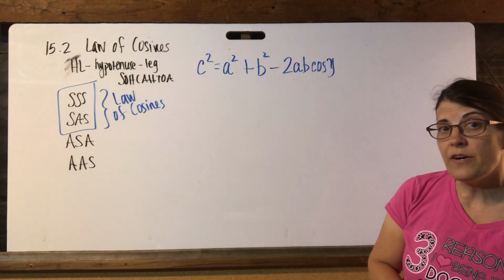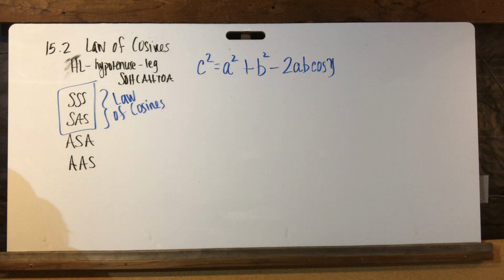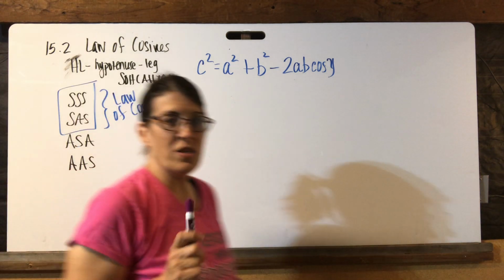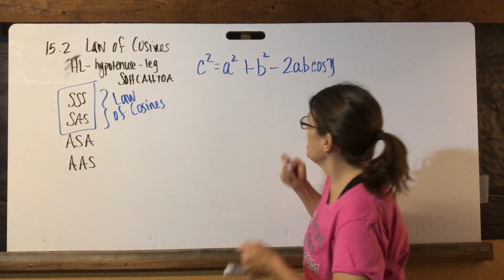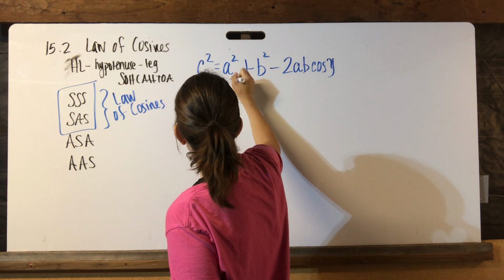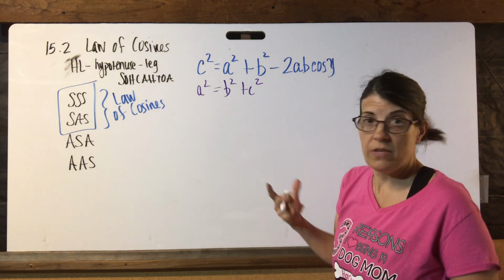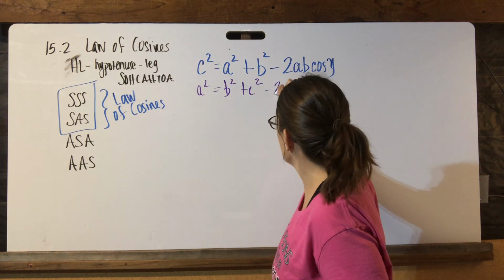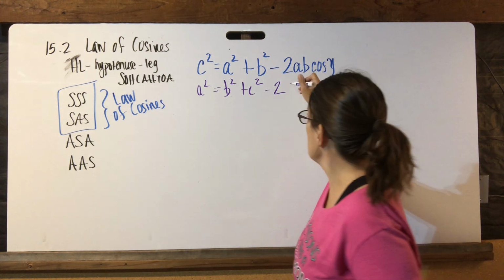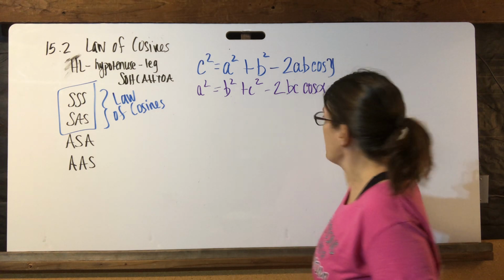There are 2 other variations. So of course with my pretty colors, this is going to be a squared equals b squared plus c squared. This is just a variation. Minus 2, the sides are b and c, times the cosine of angle alpha.